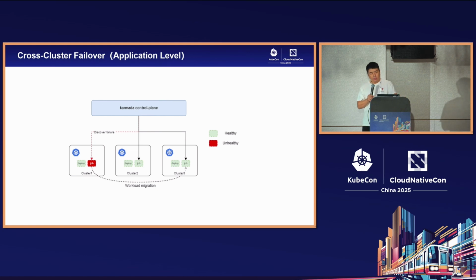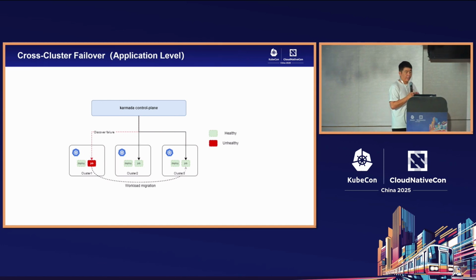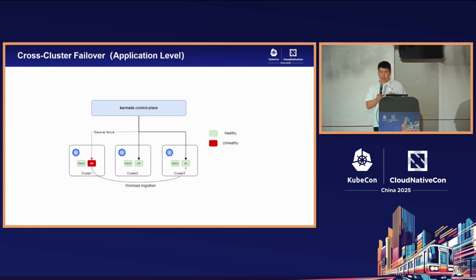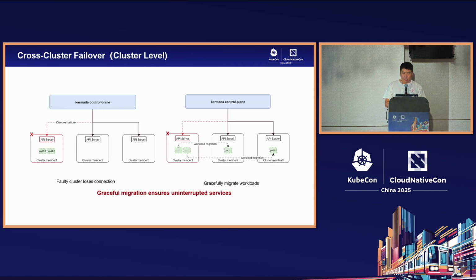Another fancy feature is cluster failover. We have two levels of failover. First is the application level. Karmada will continuously detect the application running status, and once the application becomes abnormal, Karmada will migrate the application from one cluster to another. Another level is the cluster level.